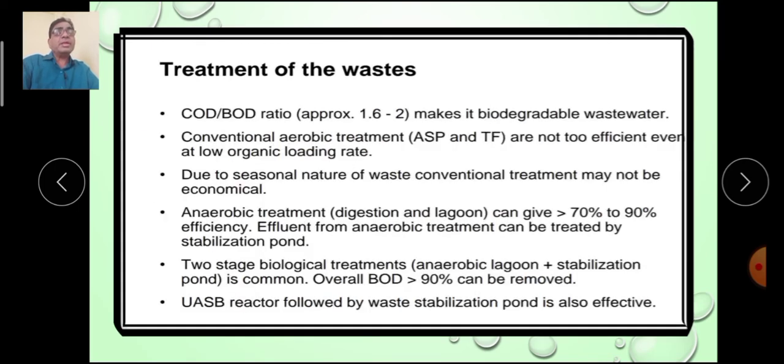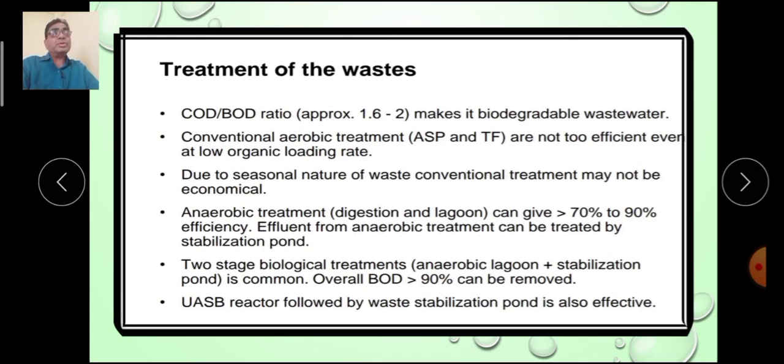This is a treatment, again the COD BOD ratio makes it biodegradable wastewater. The ratio is approximately 1.6 to 2. Okay, the conventional aerobic treatment, that is passing of air, is not too efficient even at low organic loading rate.